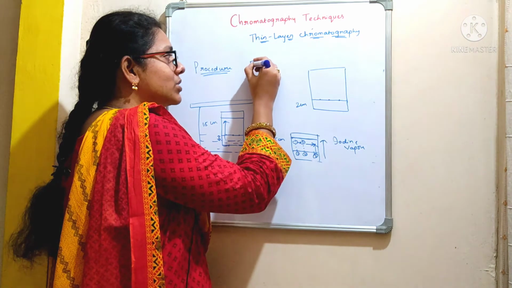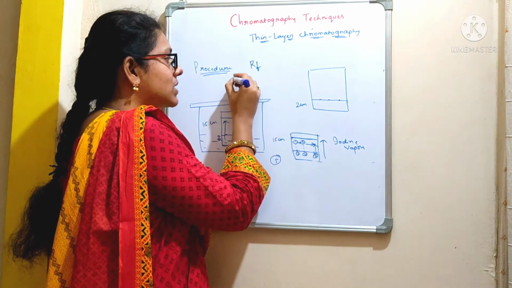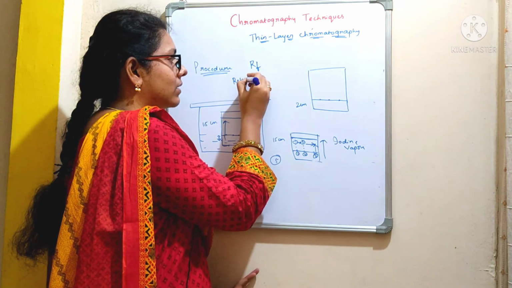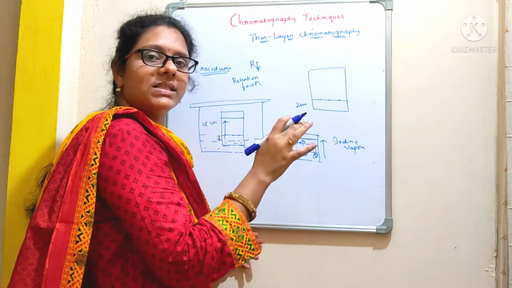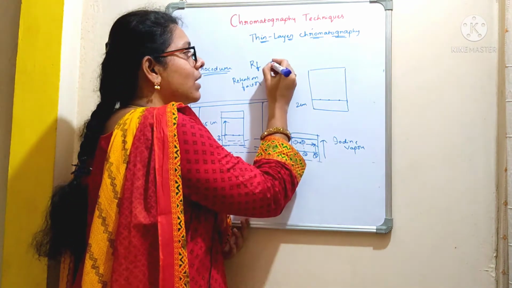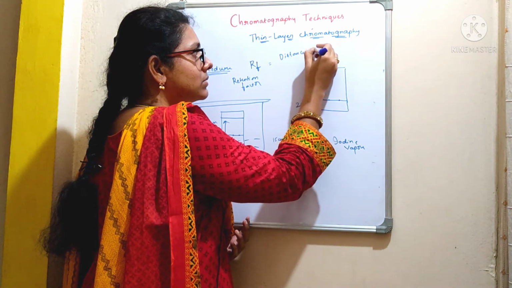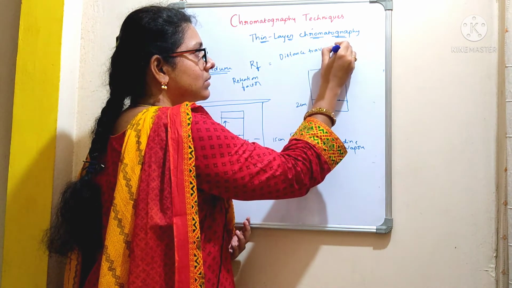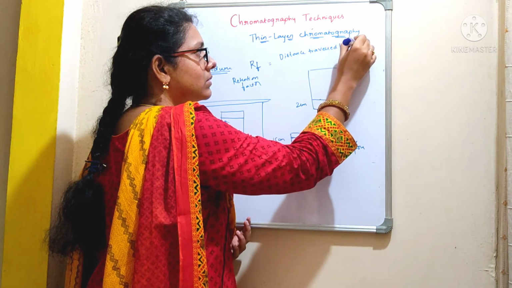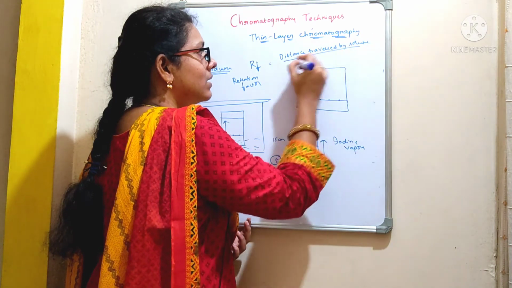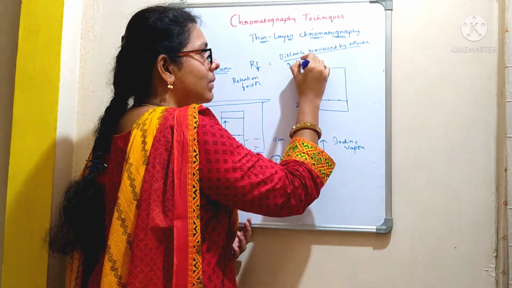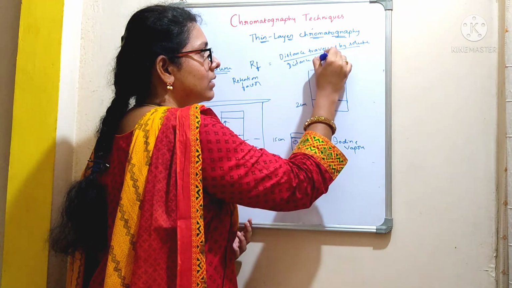So you are going to measure the RF value. RF stands for retention factor. So the RF value is calculated using a formula: distance travelled by solute divided by distance travelled by solvent.